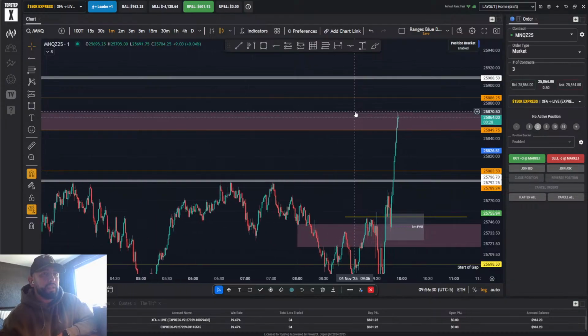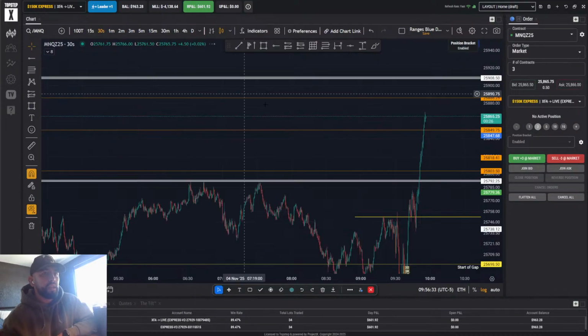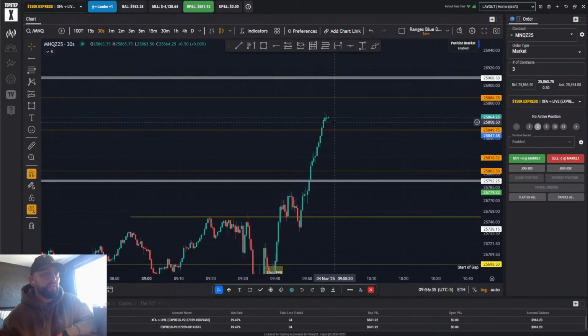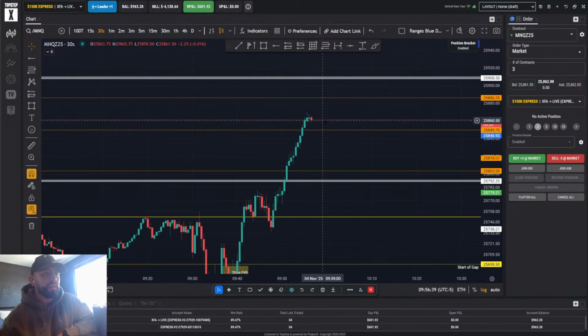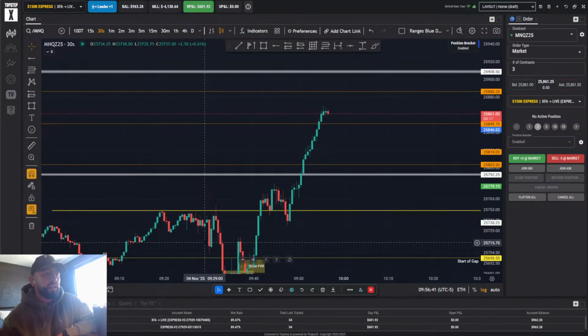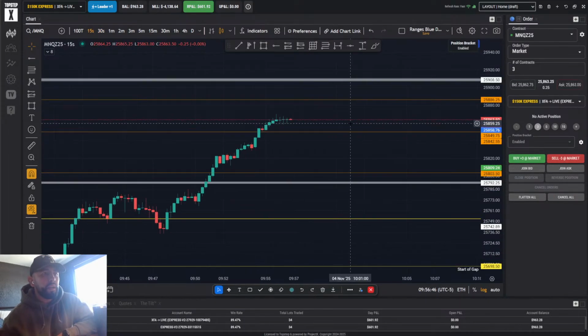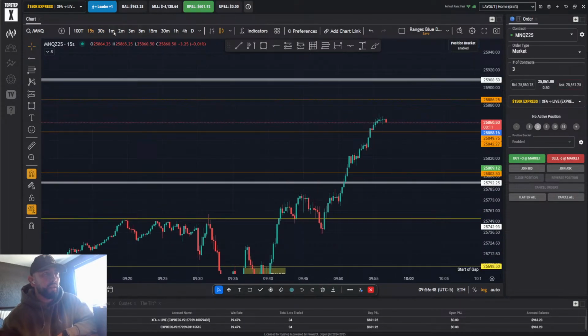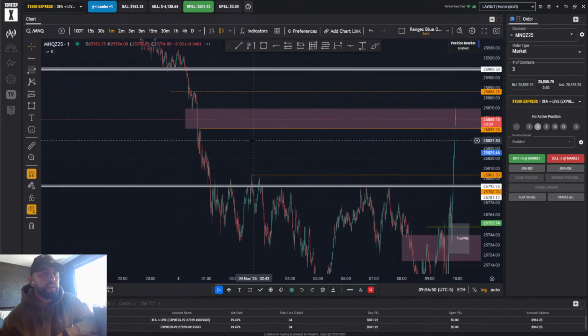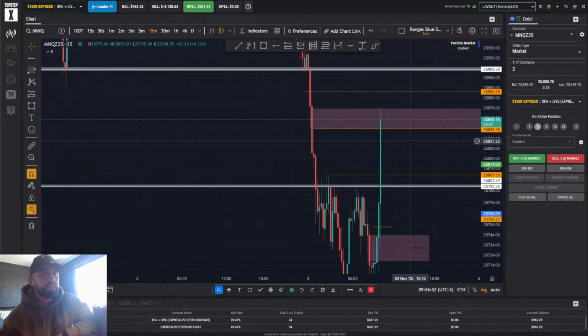Kind of like the 70s here for rejection. I want to see a little bit of consolidation here. Right here, even on the 30-second, we have no sign of selling pressure, right? I want to see a few candles that consolidate. But right now we're pretty bullish on buying momentum, so I don't want to get in front of it.